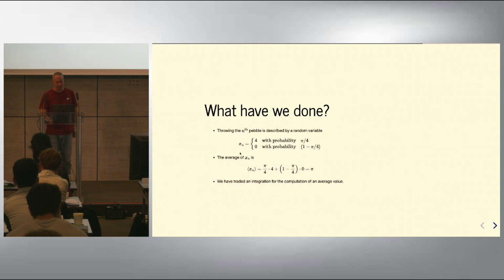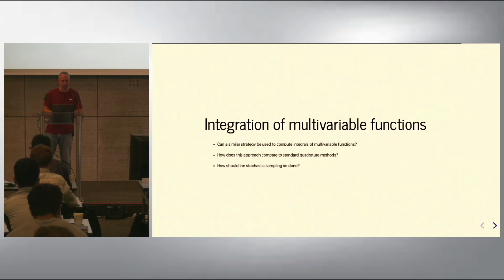Okay? So clearly the average of this random variable, well, is pi over 4 times 4 plus 0 times the remaining probability, that's pi. So you see I've traded this integration problem for the problem of computing an average. Okay? So this is how stochastic methods can be used to try to compute integrals.